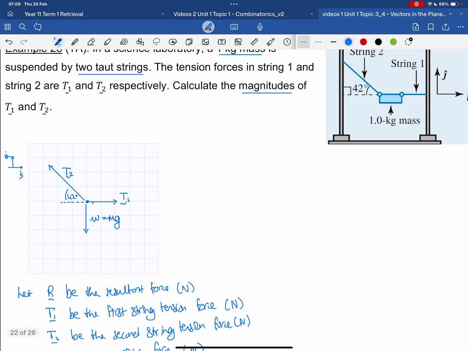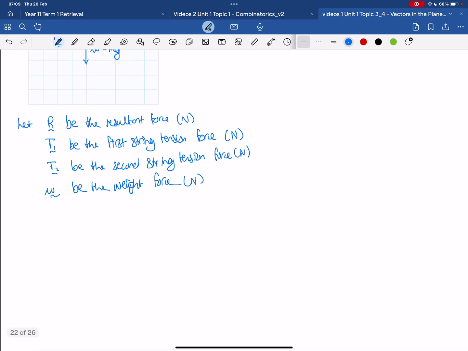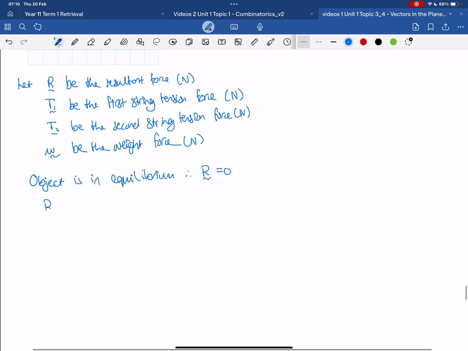Now this thing is held in place by taut strings. It is in equilibrium. Okay, so we're going to say object is in equilibrium, therefore my resultant force is equal to 0. Okay, and we can say that R is 0I plus 0J.